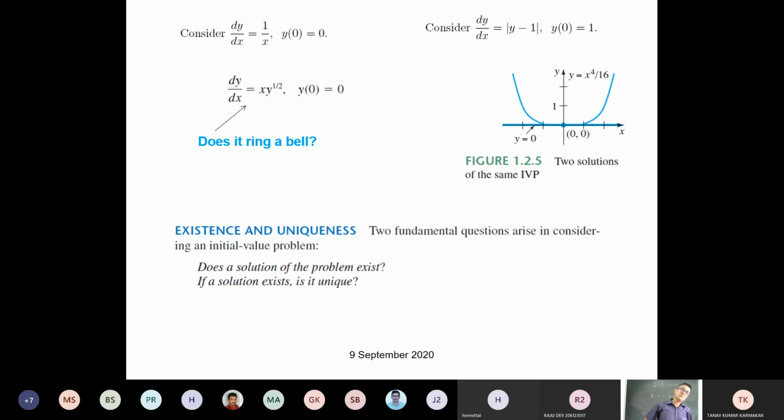So if you are visualizing the solution curve, you have to visualize a curve where the slope is non-negative. So either it is a monotonically increasing curve or what?